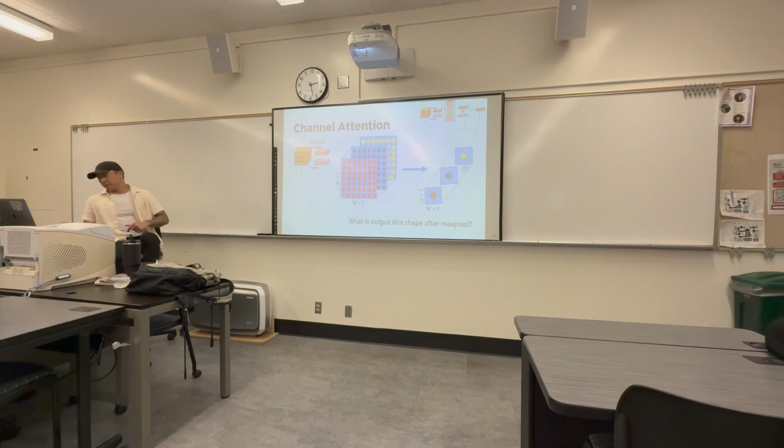So, question: what's the output shape? After a max and average pool, what is the output shape of this operation?